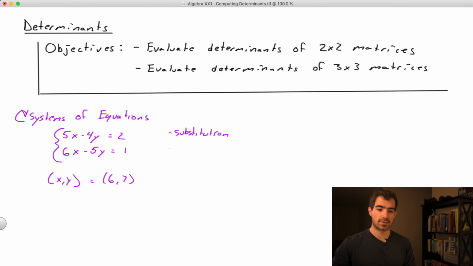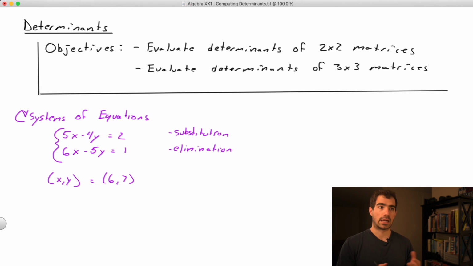We could also use what we called elimination, sometimes otherwise referred to as the addition method, where we could actually add our two equations together so that we could cancel out one of the variables, again leaving us with a single equation with a single unknown, which we were able to solve and then plug back in to get the other variable.